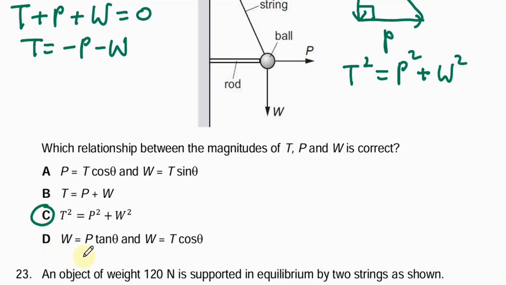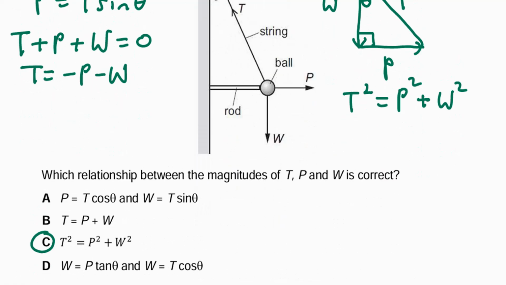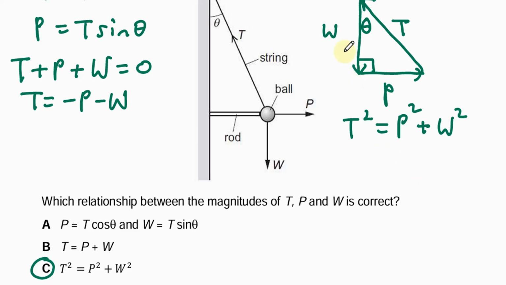Why is D not correct? Let's look at this. W equals P tan theta. Now, looking at this drawing, writing down the relationship between W and P, we know that P over W is the tan of theta.